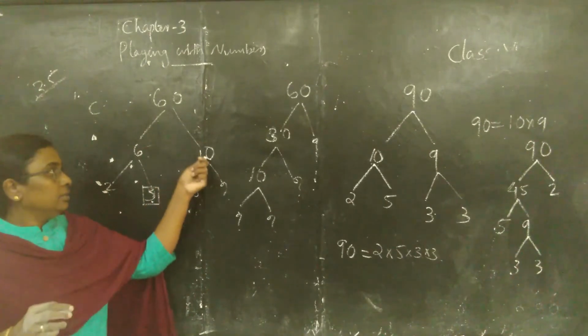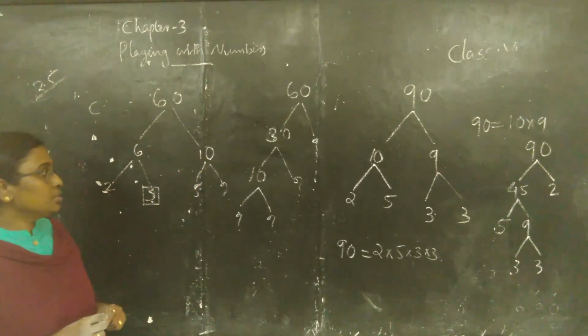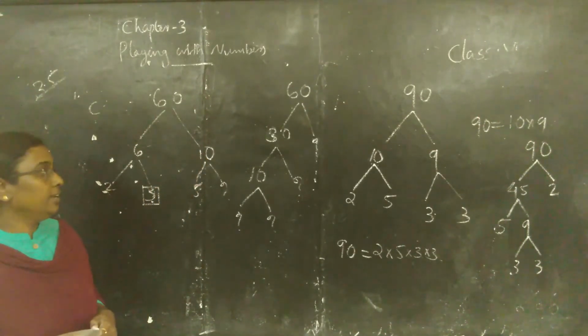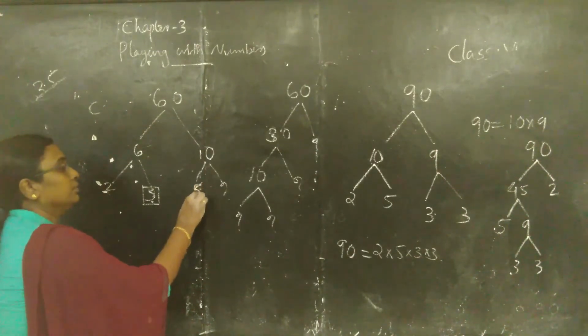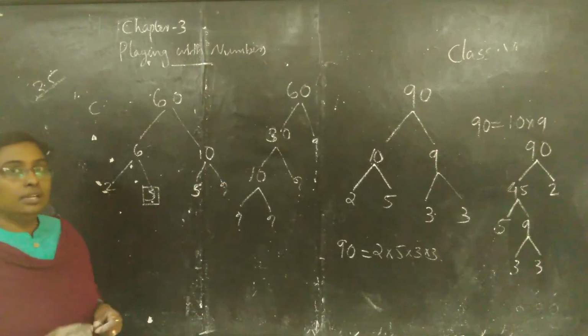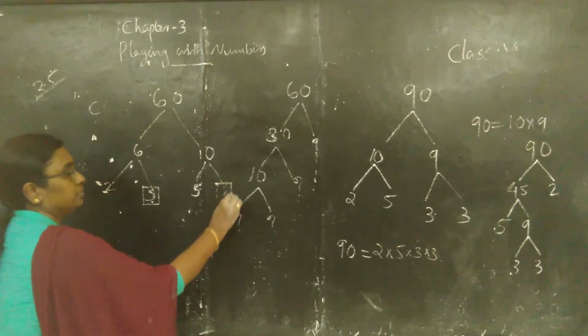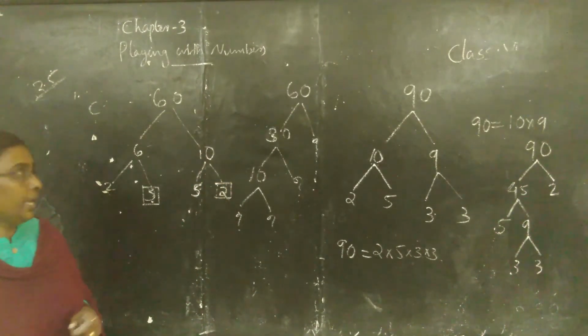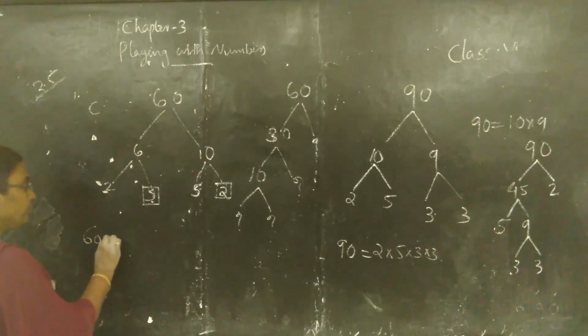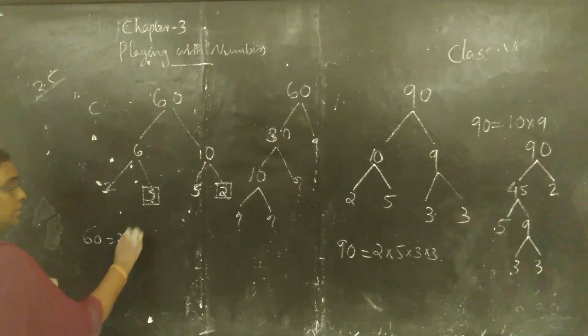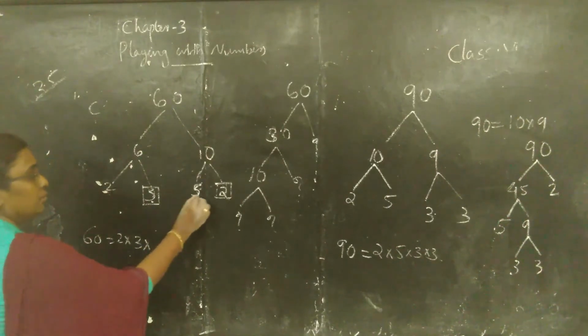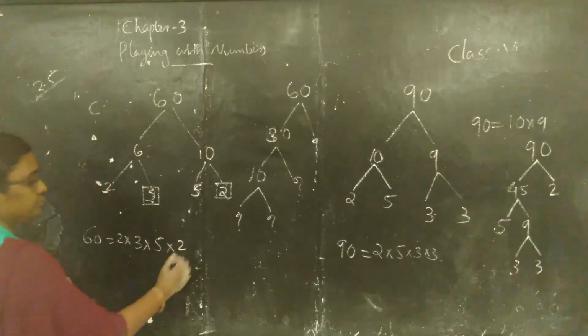Again, 10 is not a prime number, so we factorize 10 again: 10 equals 5 into 2. So 60 equals 2 into 3 into 5 into 2.